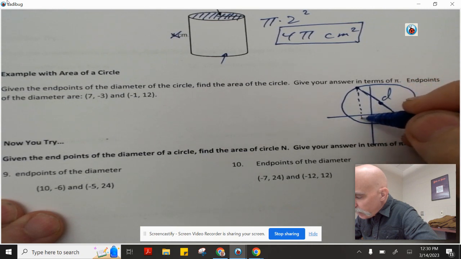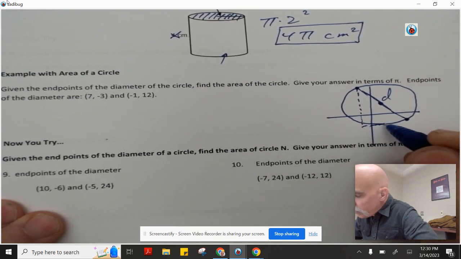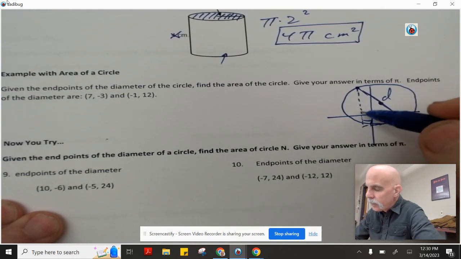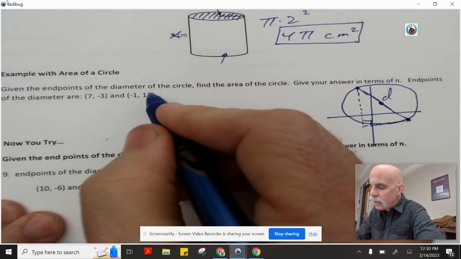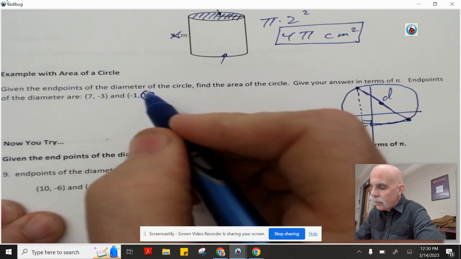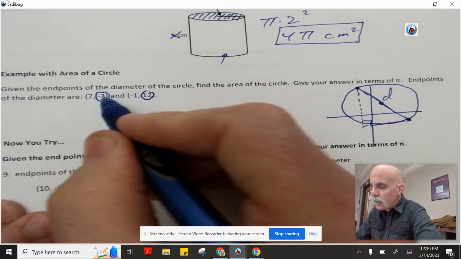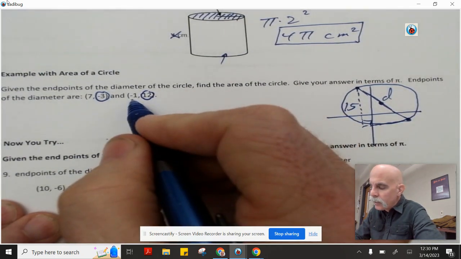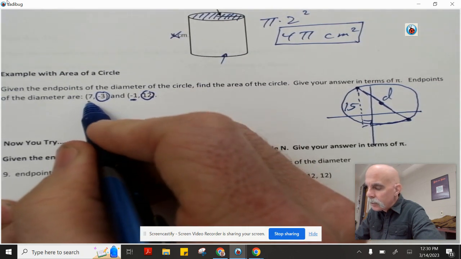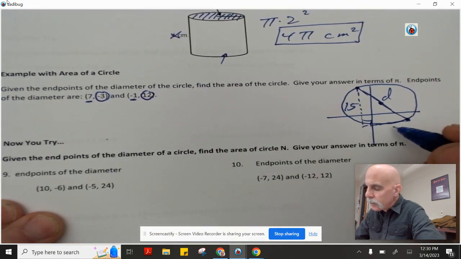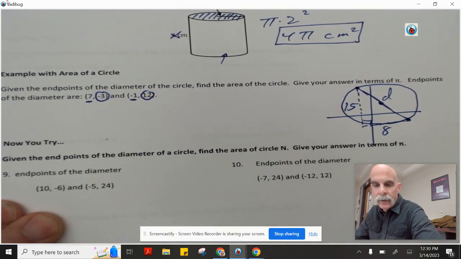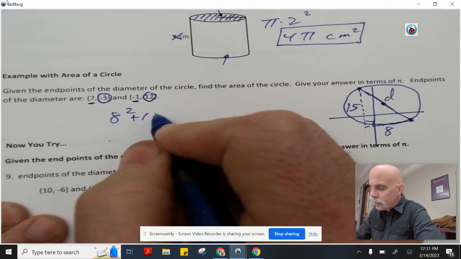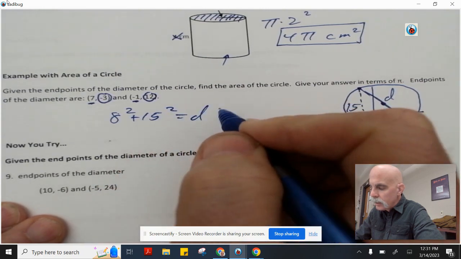So we got to do some memory work here. If I drop down a rise and a run, I can create a right triangle. How do I get the rise of this? Well, that's the change in y's. So if I went up 12 and down 3, this side would be 15. If I went to the left 1, but I went to the right 7, this leg down here would be 8. So now I can do 8 squared plus 15 squared equals d squared.